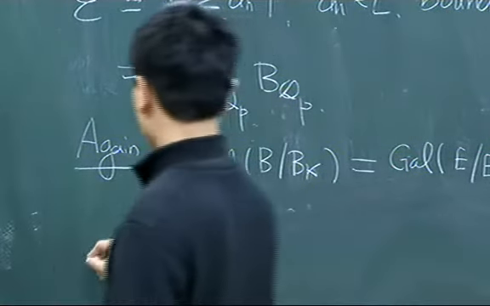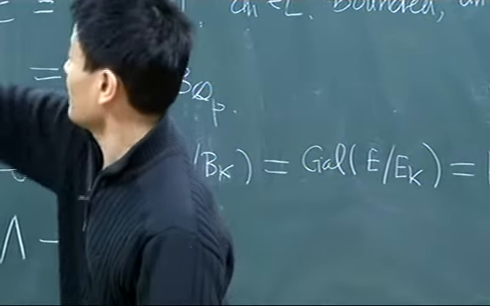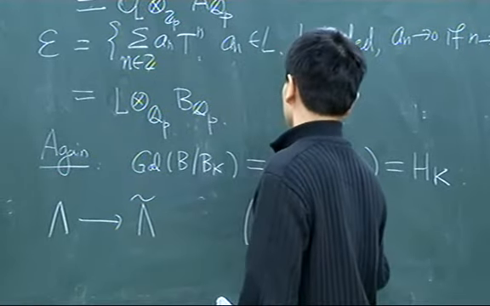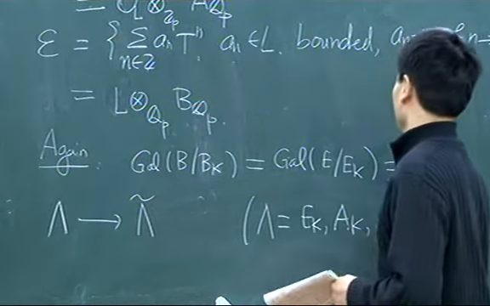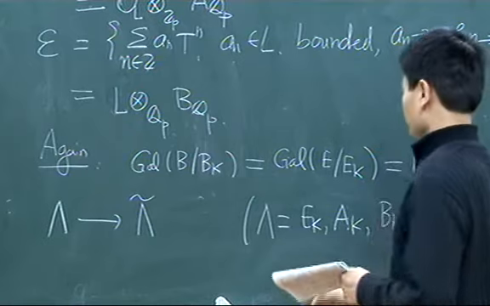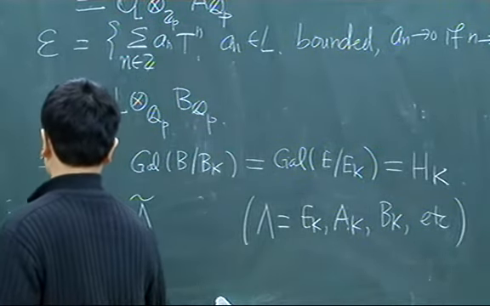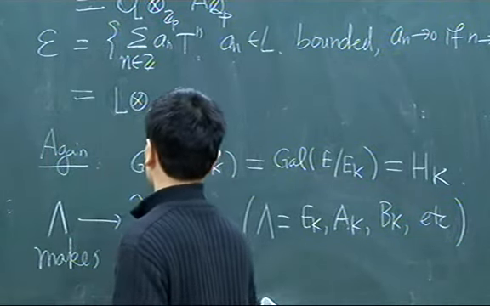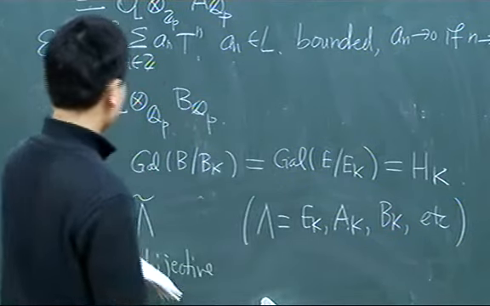So what are these notations? These two sets of notations. You have lambda, it goes to lambda tilde. So you have something with a tilde, something that does not. So for example, lambda is EK, AK, BK, etc. So all this just makes phi bijective.